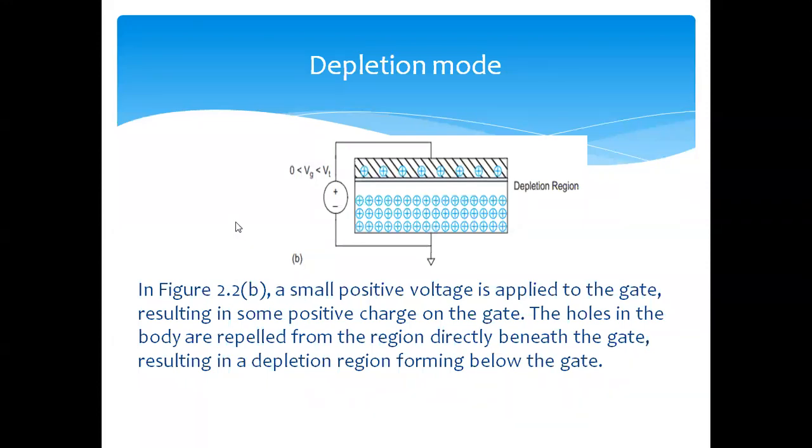They get repelled from the region of the gate, and this type of action is called depletion region formation below the gate level. Now the holes are repelled, and that forms the depletion region. This is the depletion region.